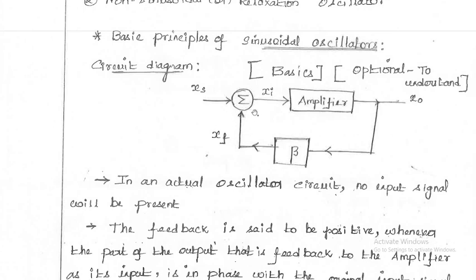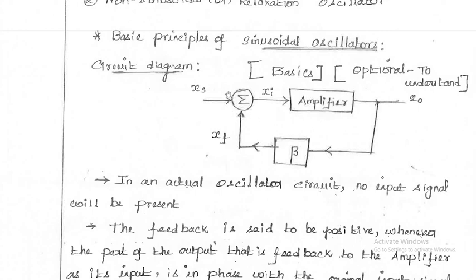Since this is an oscillator, we should use positive feedback. Here there is a positive sign, and here again a positive sign. But for the amplifier we use negative feedback, so there we use the positive sign at the input and the negative sign at the feedback.